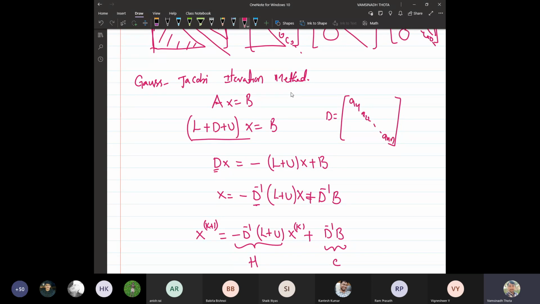Whether D inverse always exists, and what is the condition that is required for the existence of D inverse? Can anyone tell?